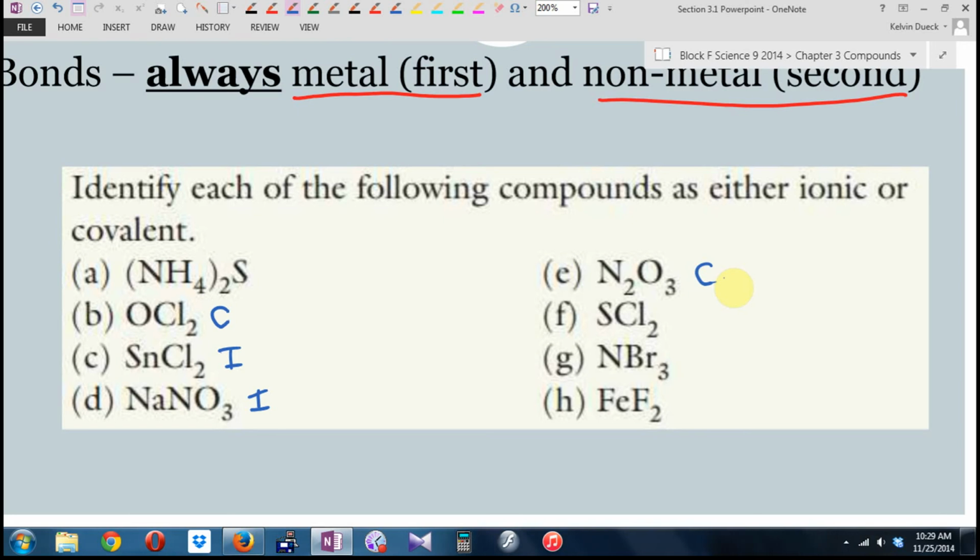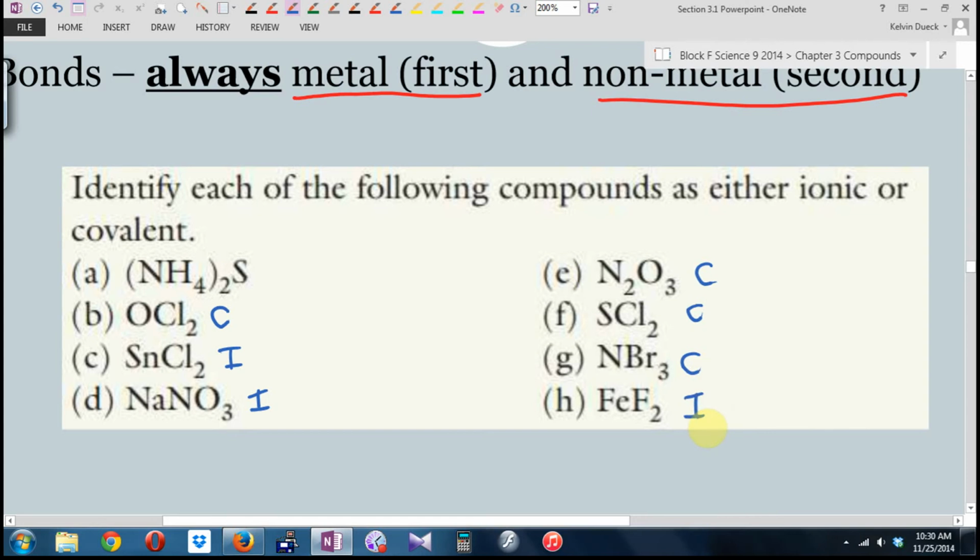What about F? Non-metal? Covalent. What about G? Capital N, what's that? Covalent. What about Fe? What's Fe? Iron. Metal or non-metal? Ionic. Why did you skip A?